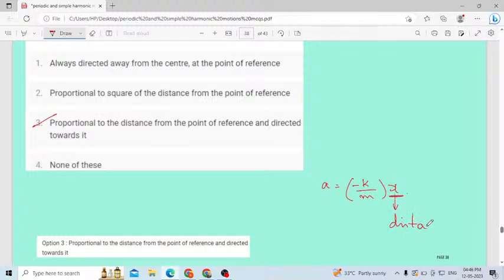Directly proportional to the distance from the point of reference, directed towards it. Yes, the acceleration will be directed towards the center. That is the correct answer.